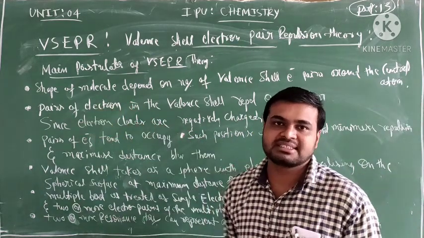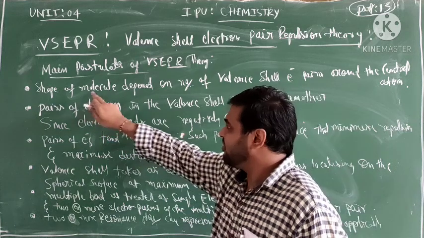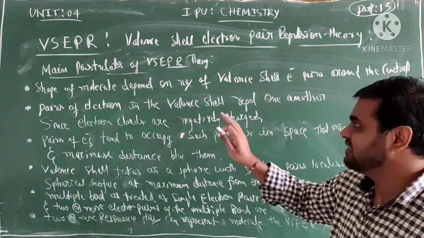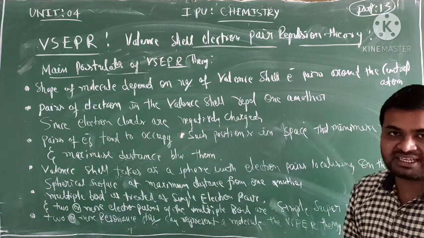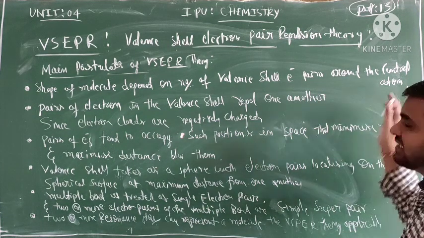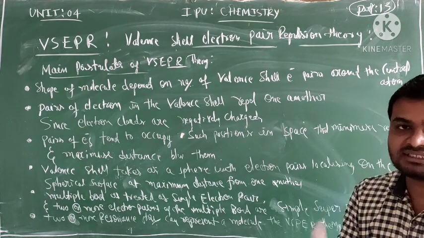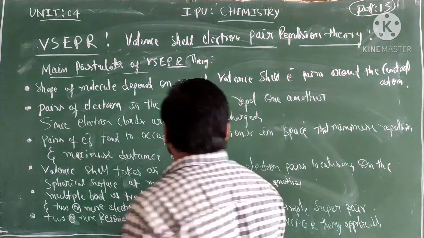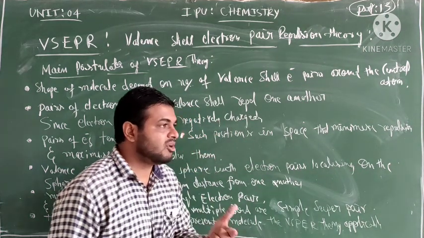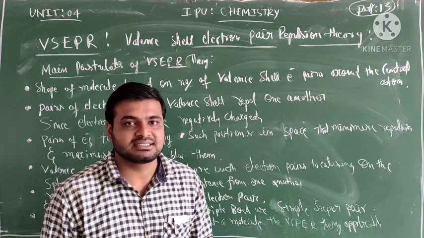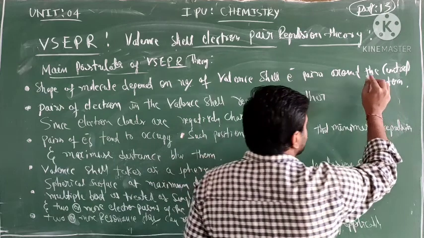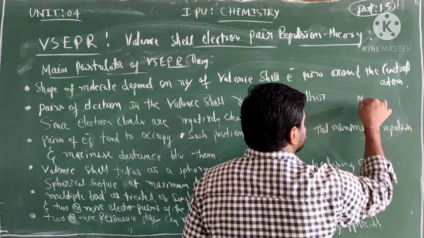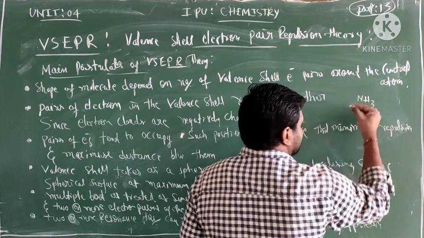The first point is: the shape of a molecule depends on the number of valence shell electron pairs around the central atom. You can consider any of the molecules. The molecule has valence shell electrons. For example, NH3, ammonia.